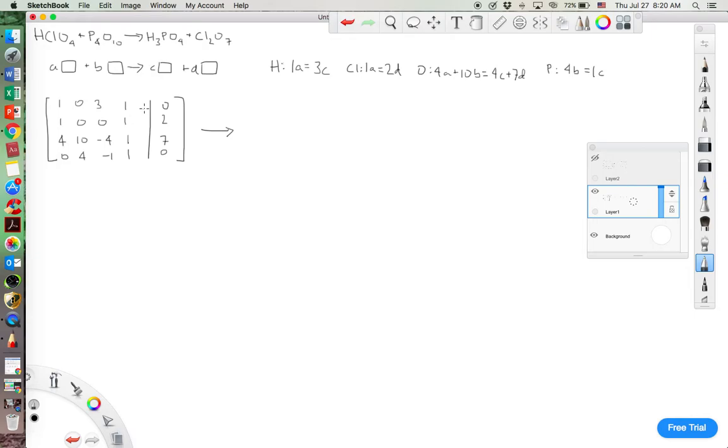Let's go ahead and do some row operations. Remember, we can change any 2 rows, we can multiply a row by a non-zero constant, and we can add or subtract from any row another row times any non-zero constant. So let's first switch R1 and R2. We've already got the makings of the identity matrix with 1, 0, 0, and we've got that second 1 in there, so let's keep with that.